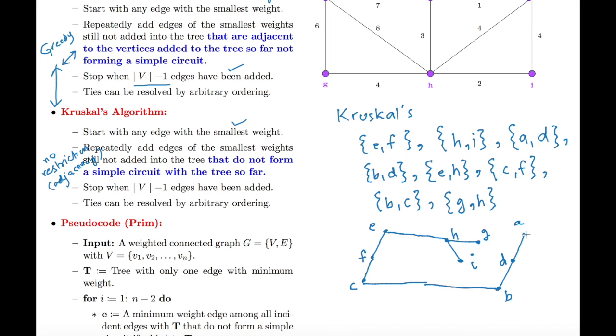So if you consider this as root, then this is the graph here. Or you can choose E to be the root, and it's exactly the same as we drew for Prim's algorithm. Okay, so this is a small example of Kruskal's algorithm.